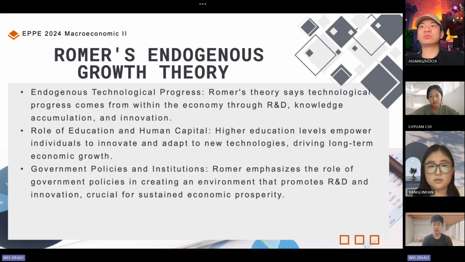Romer argues that technological progress is not external, but rather an outcome of economic activities and decisions. The key factors driving long-run economic growth in Romer's model include investment in human capital, innovation, and knowledge spillovers. Next page.